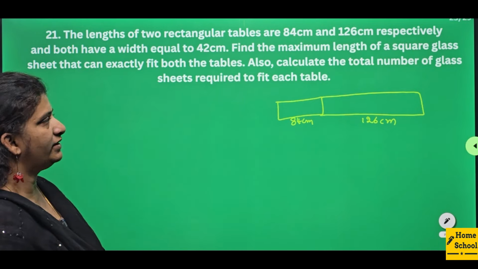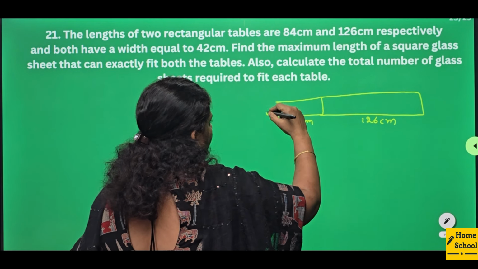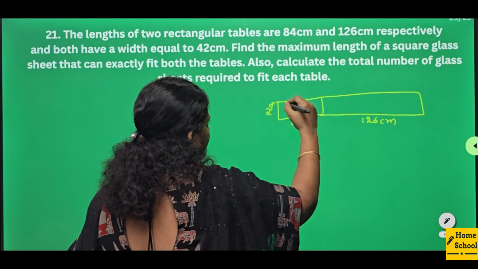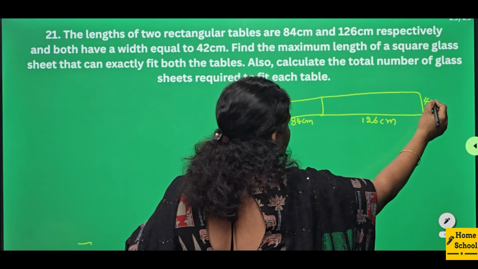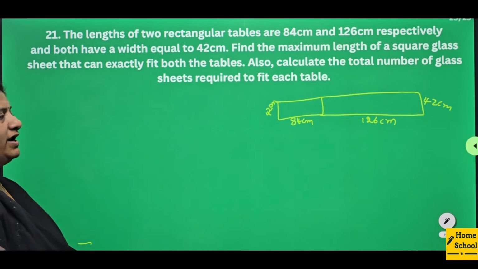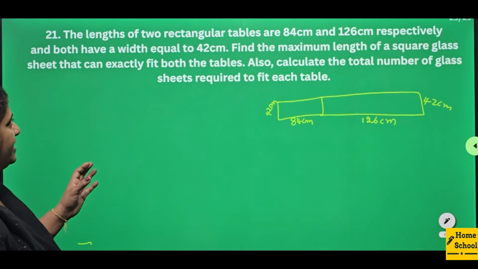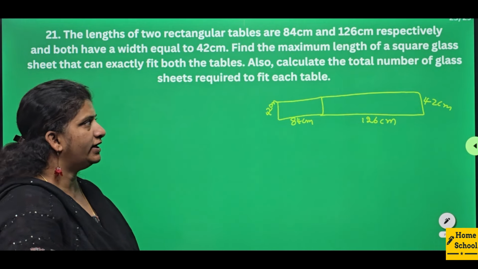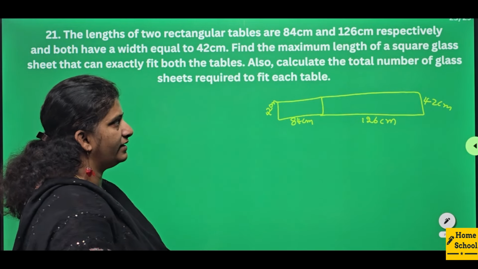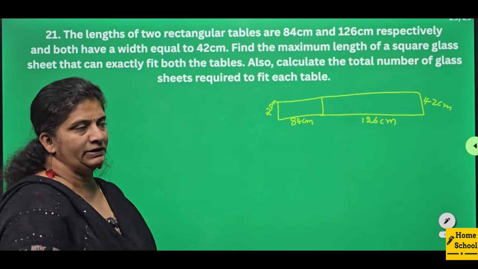Both have a width equal to 42 centimeters. The breadth of this table is 42 centimeters, and this table also has the same width, 42 centimeters. Find the maximum length of a square glass sheet that can exactly fit both the tables. Also calculate the total number of glass sheets required to fit each table.